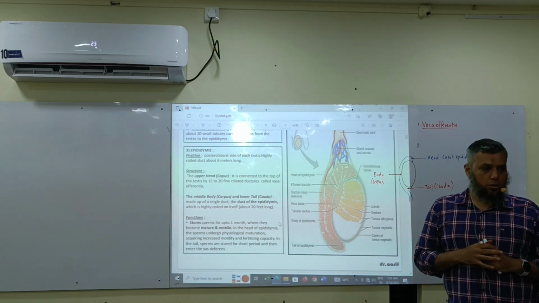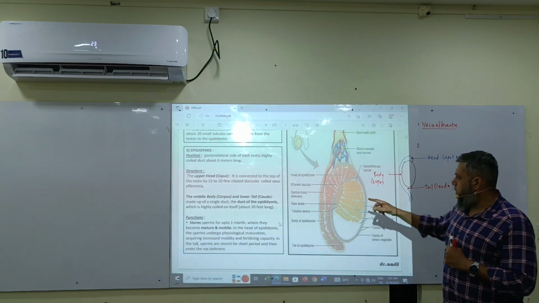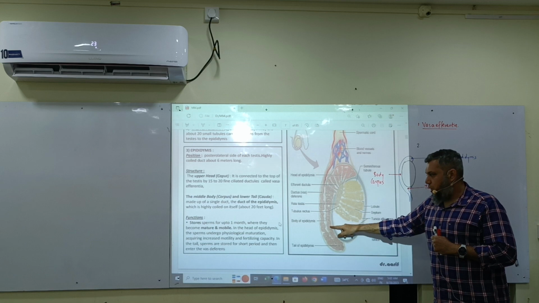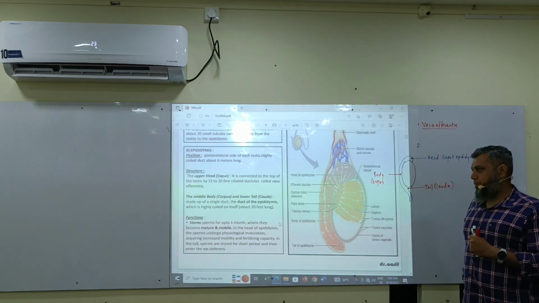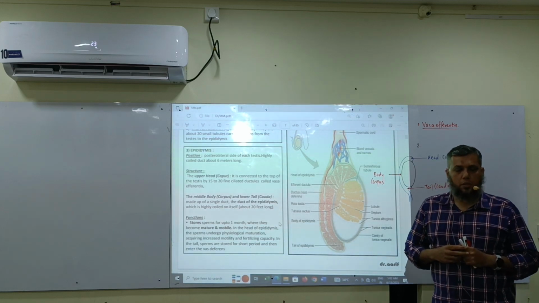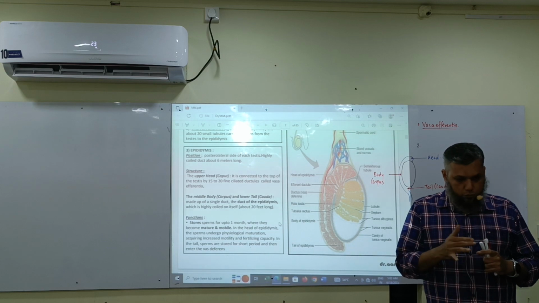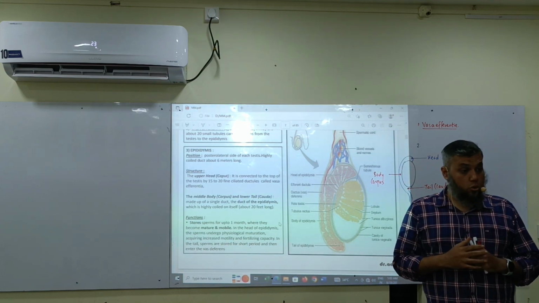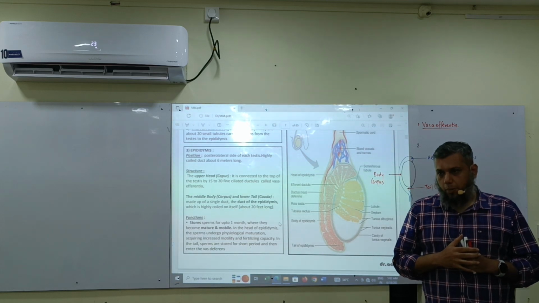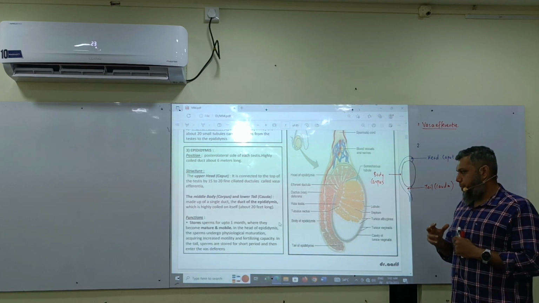They have to undergo a maturation process, and that is done in the epididymis. During maturation, the sperms get motility, the ability to move, and also the fertilization ability, where they can penetrate the ovum.